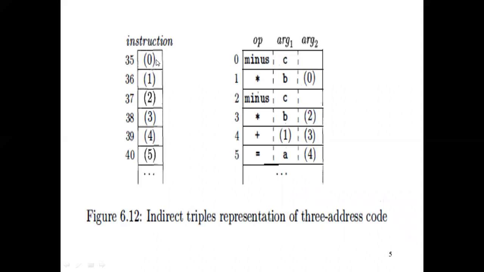It will show the index 0, 1, 2, 3, 4, 5. So this type of indexing, and here you are using the pointer again. Whenever you combine the preceding table of triples with this column, then this is called the indirect triple representation of the 3 address code. So this is used for the triples and only this is used for the indirect triples. Here you are just defining a pointer only.